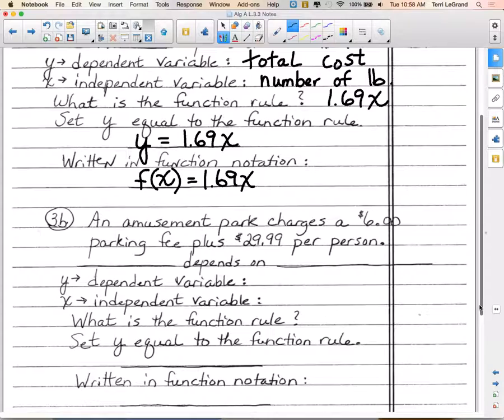So let's replace that with something. Anybody think they can do some multiplying there in their head? What if Stephen buys 2 pounds of lettuce? What's f of x going to be?